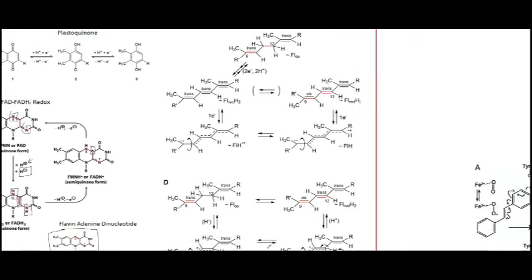So over here are some proposed mechanisms for this, and I don't want to go into these too much. Essentially, what we're trying to do is turn a trans double bond. We want to get rid of the double bond, which cannot rotate around the bond. It's held in its position.